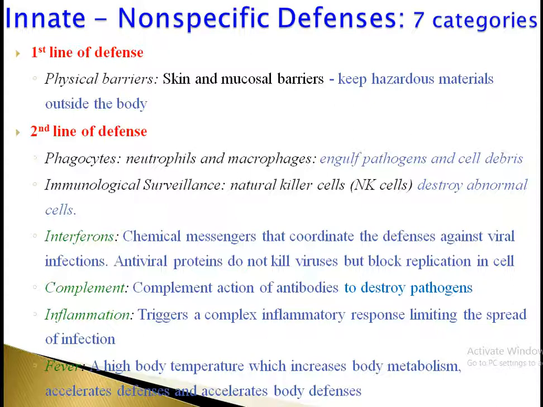Regarding the first line of defense and the things which are concerned with the innate immunity, these are mainly the skin and mucosal barriers. Then the second line of defense is played by neutrophils and macrophages.